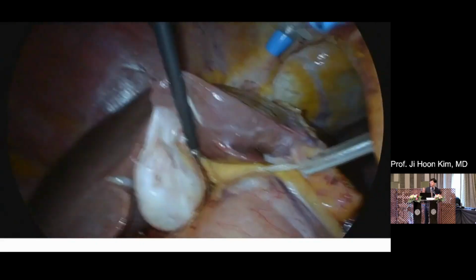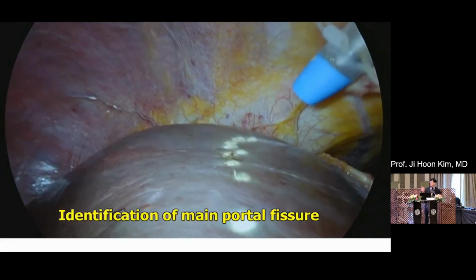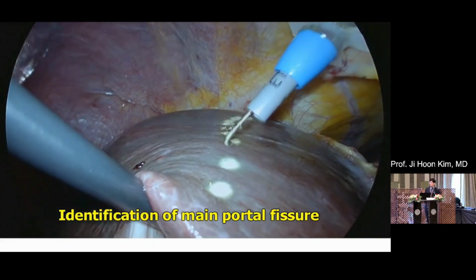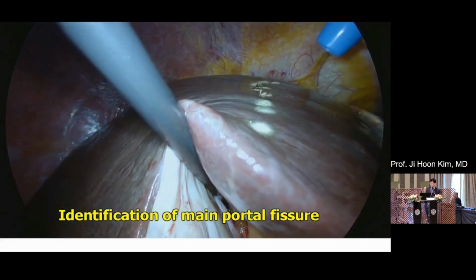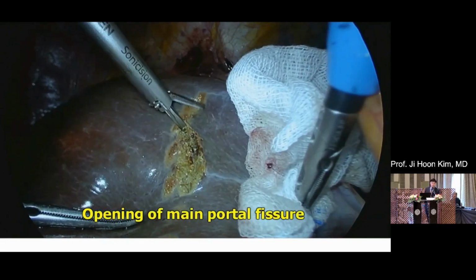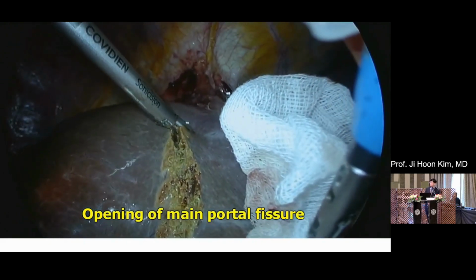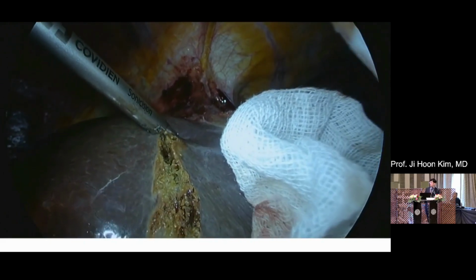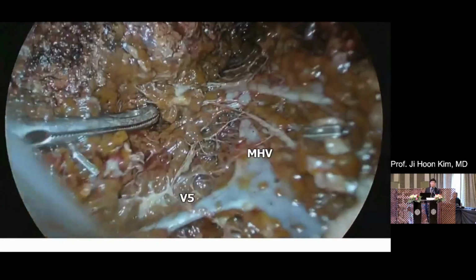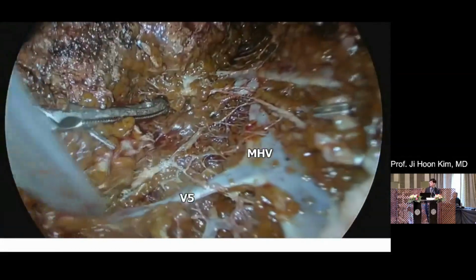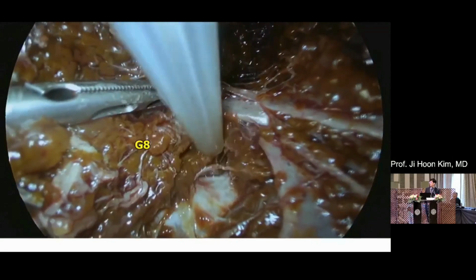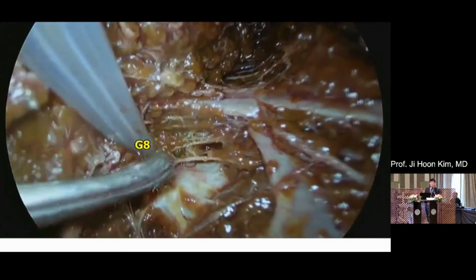After completion of the right pedicle and identification of the midplane, after opening of the midplane, you can see the target Glissonian pedicle. And the middle hepatic vein here, and the target Glissonian pedicle.